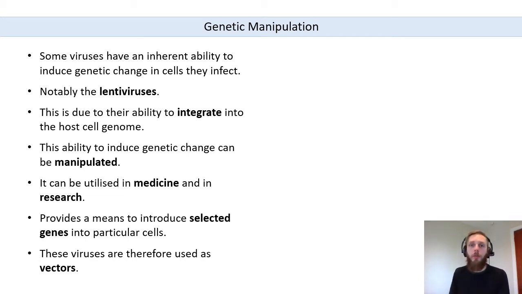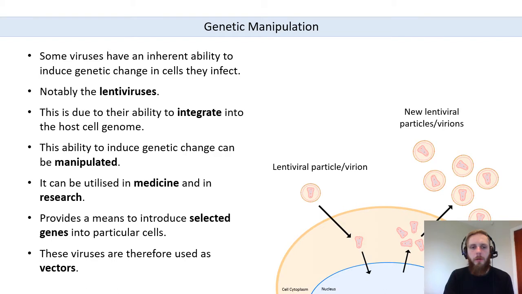We're also talking about the ability to knock down genes, and that can seem counterintuitive, how we can use lentiviruses to actually knock down genes, so essentially to suppress genes within the target cells, but we can do it. It's a little bit complicated, but we do it, and it's quite an important technique that's used particularly in research.